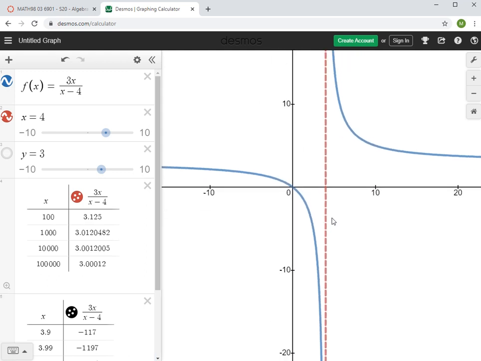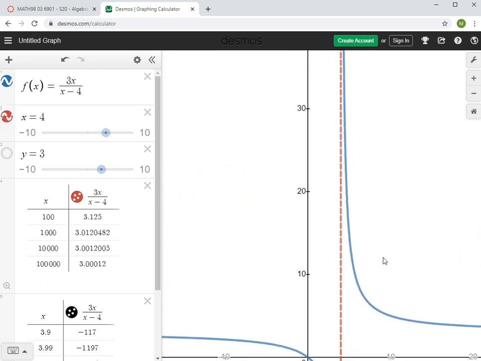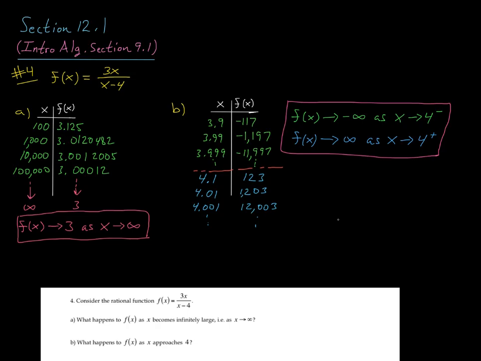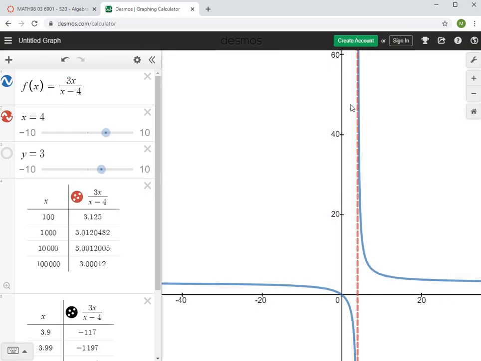And notice, if we're really close to 4 but just from the right, the y values, if I zoom out, are becoming infinitely large and positive. That's exactly what we said here in blue. The y values become infinitely large as x becomes closer and closer to 4 from the right.